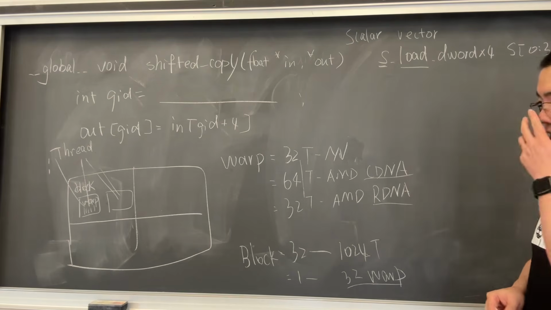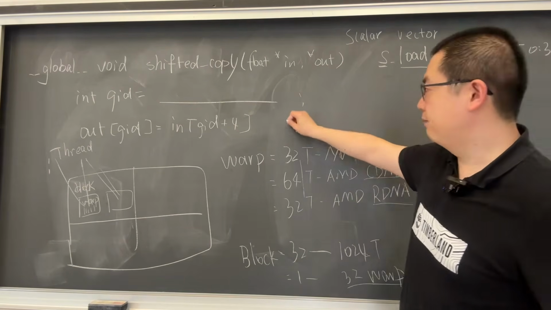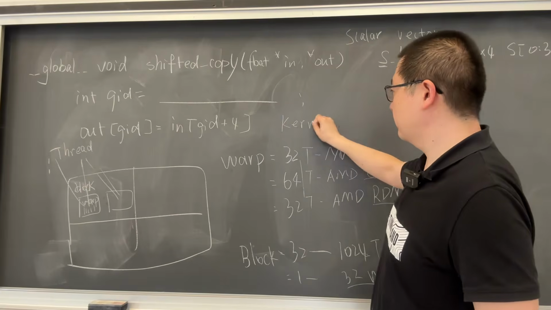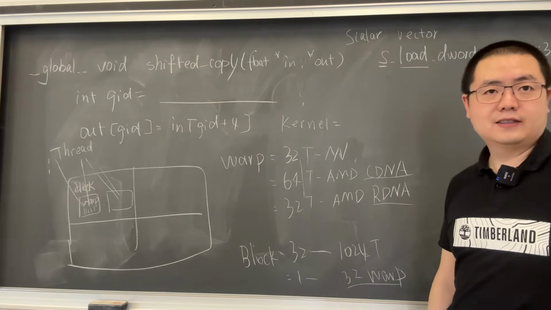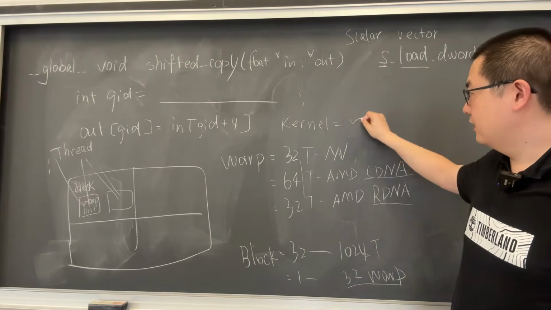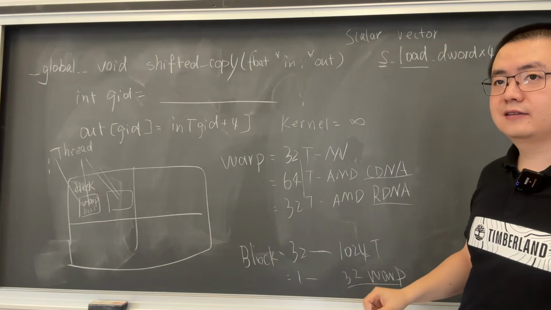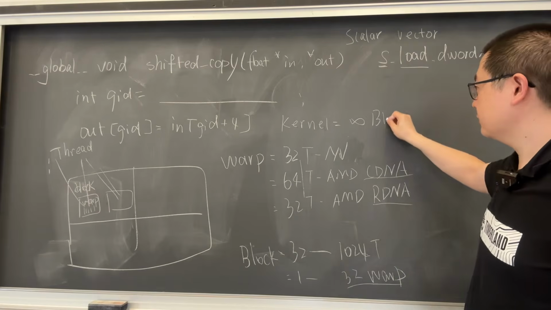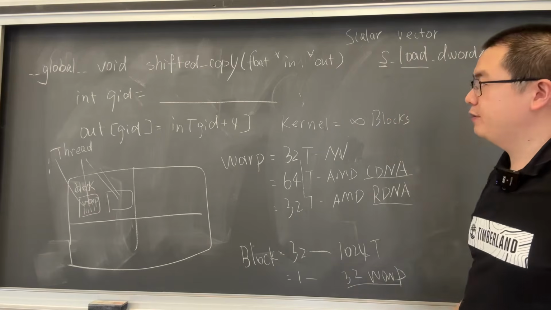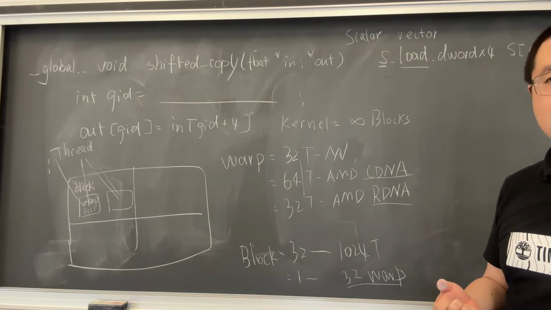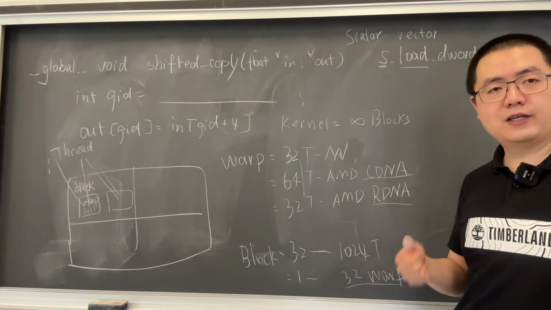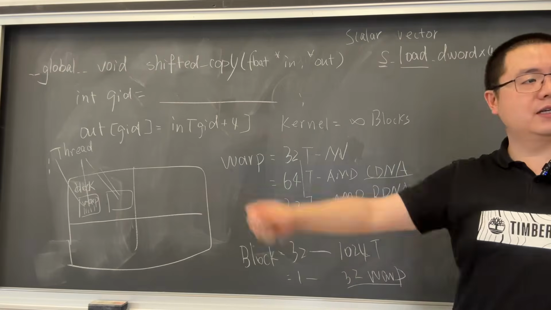Then one level up, a kernel equals how many blocks? Typically I would say this is unlimited blocks, right? Remember last time we did a vector add example. The number of threads equals the number of elements in the vector.